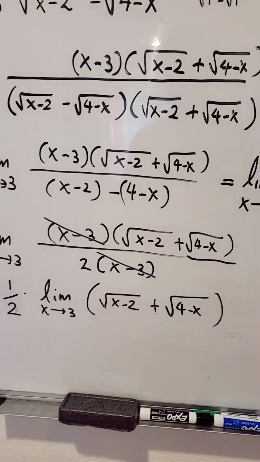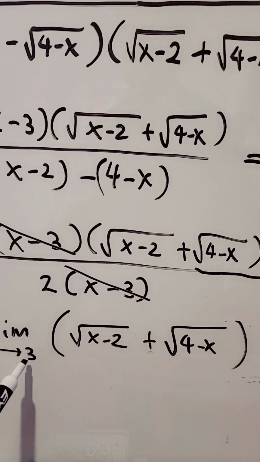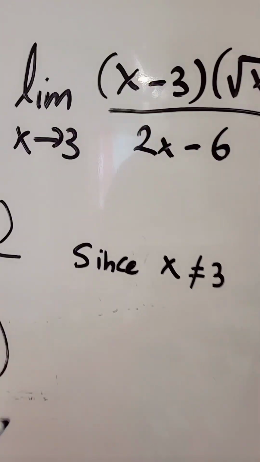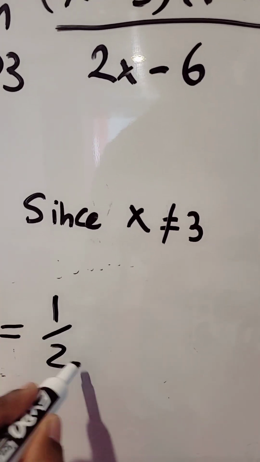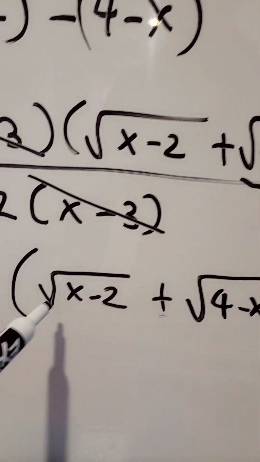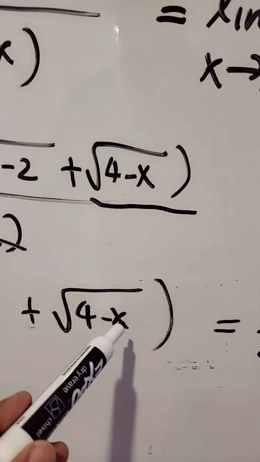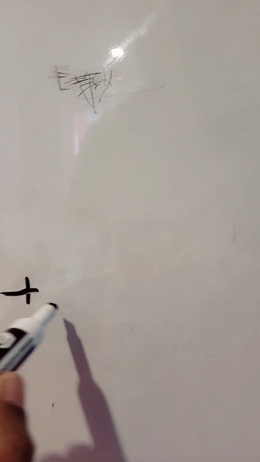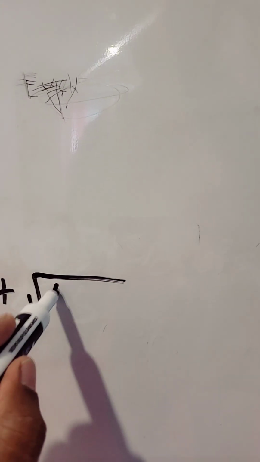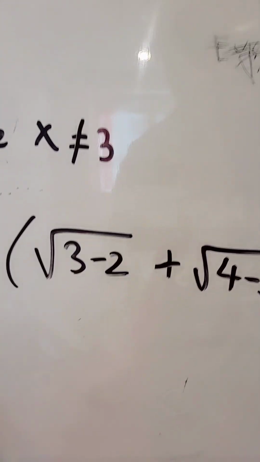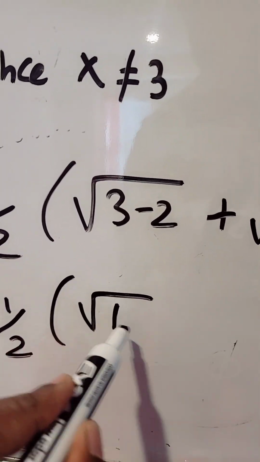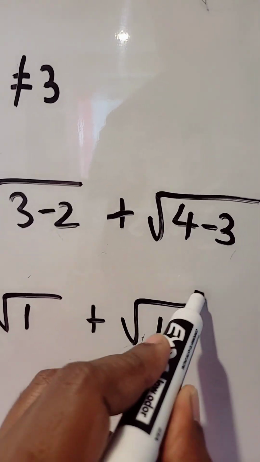Substituting 3 in both places, we get 1/2 times square root of 3 minus 2 plus square root of 4 minus 3, which is 1/2 times square root of 1 plus square root of 1.